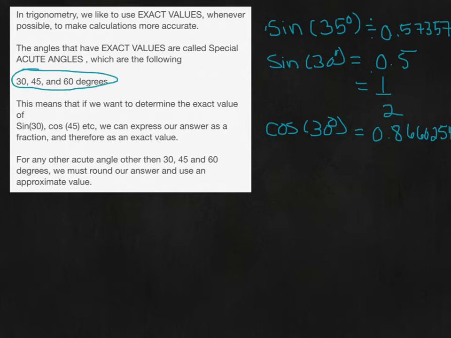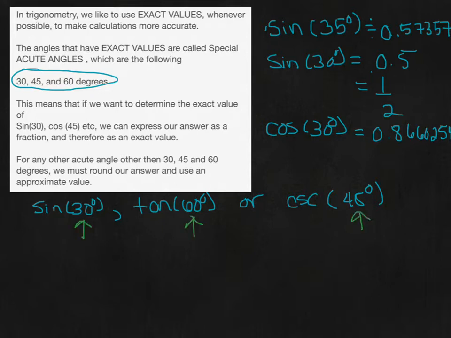So that means that if I wanted to find the value of, let's say, sine 30, or tan 60 degrees, or cosecant 45 degrees, because the angle is one of the special angles, for each of these trigonometric functions, we can actually state the answer as an exact value, like 1/2 as a fraction, versus just rounding our number to a certain number of decimal places.